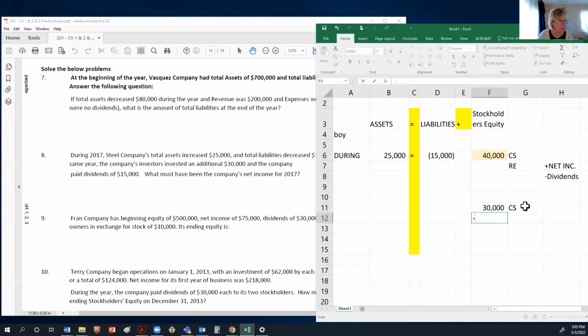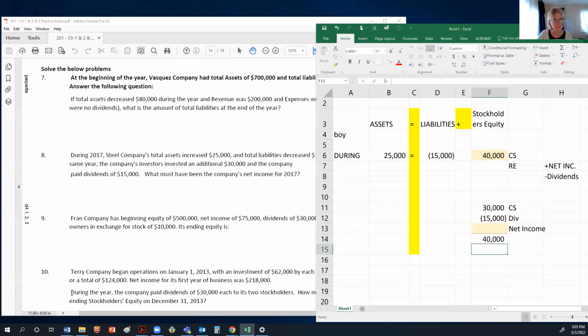We had dividends paid out of 15,000. And the only other thing that could influence the ending balance adding up to 40,000 is net income. And we don't know what that is. That's our unknown. But we know that all of these things add up to 40,000.